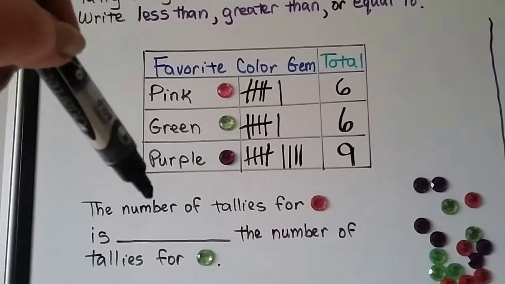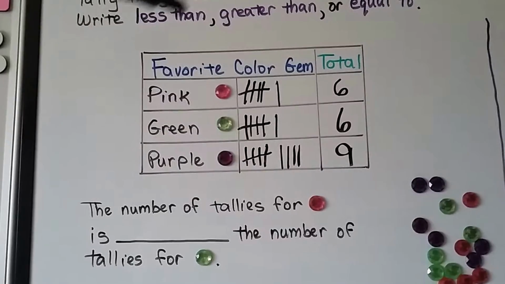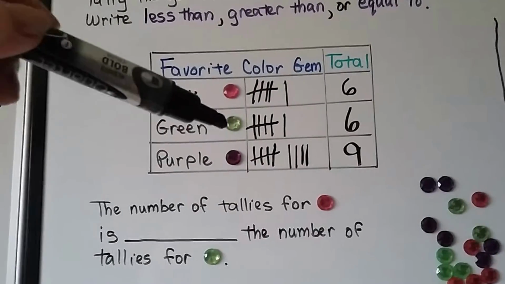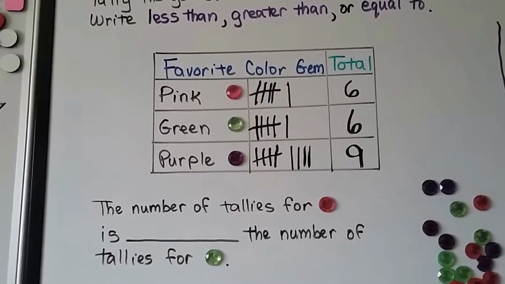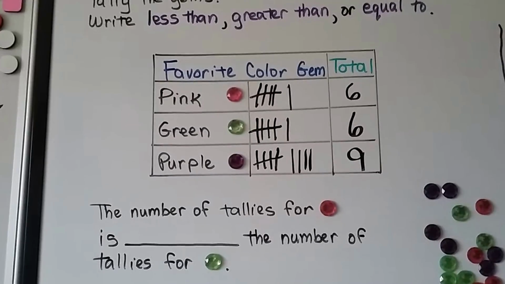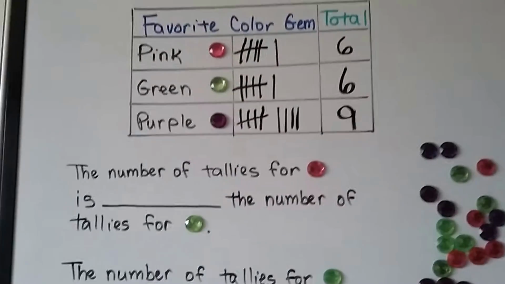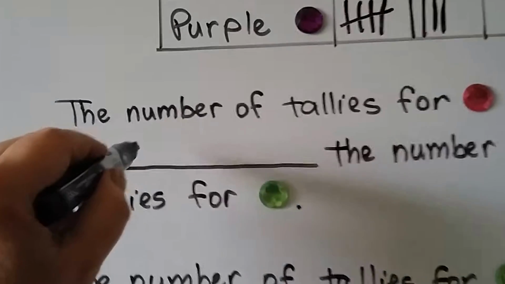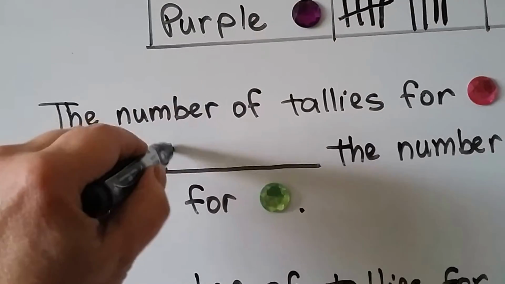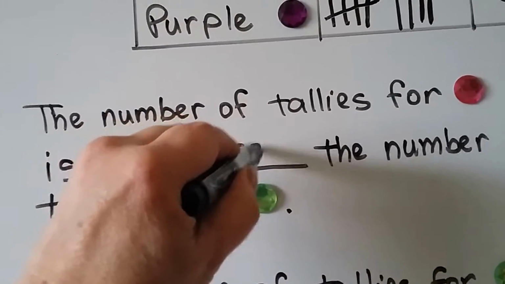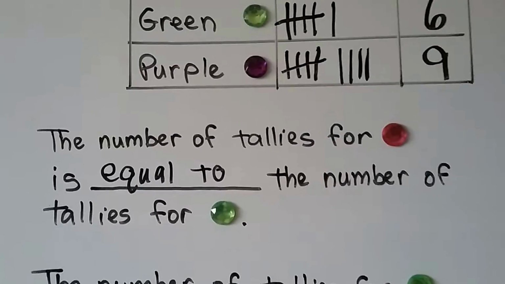So is the number of pink ones less than, greater than, or equal to the number of green ones? They have the same number, so it's equal to. The number of tallies for pink gems is equal to the number of tallies for green gems.